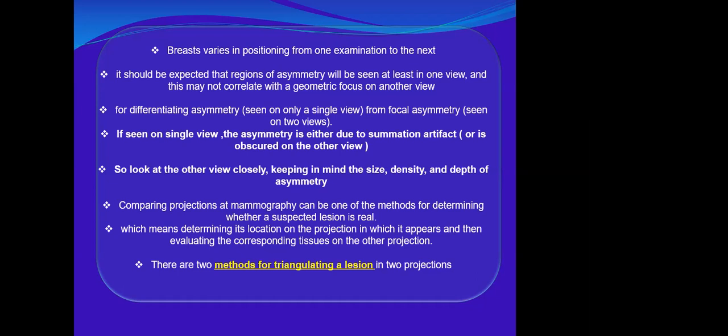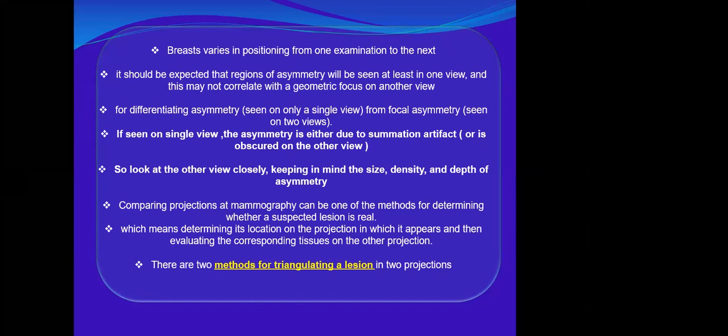From one standard view to the other, the breast changes position, and this change might result in some asymmetry seen in one projection and not in the other. We need to differentiate asymmetry seen on only a single view from focal asymmetry seen in two views, which is either due to summation artifact or obscured on the other view.